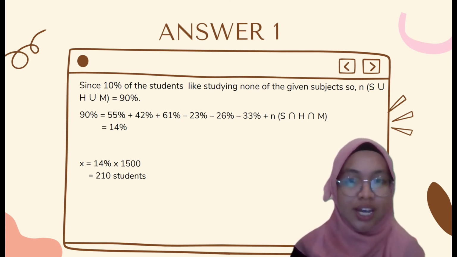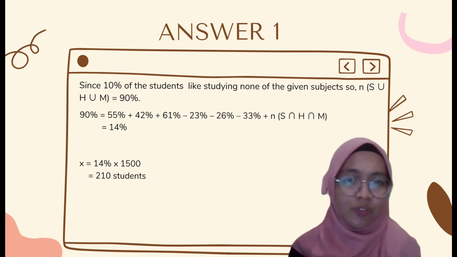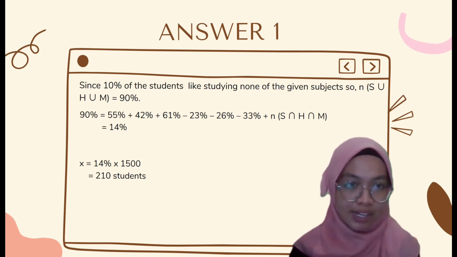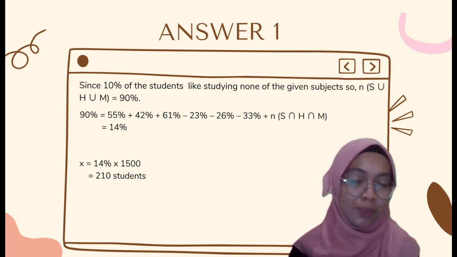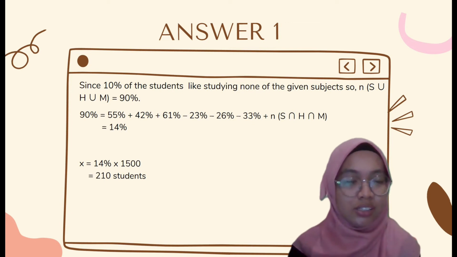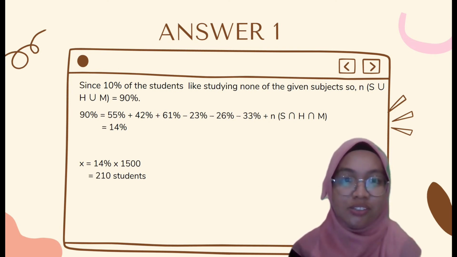Next, subtract the addition total that you get with the students who like studying science and history, which is 23%, and then subtract with the students who like studying history and mathematics, which is 26%, and subtract with the students who like studying science and mathematics, which is 33%. Lastly, subtract 90% with the answer that you get, which is 76%.